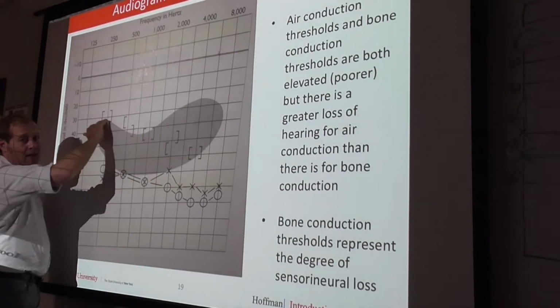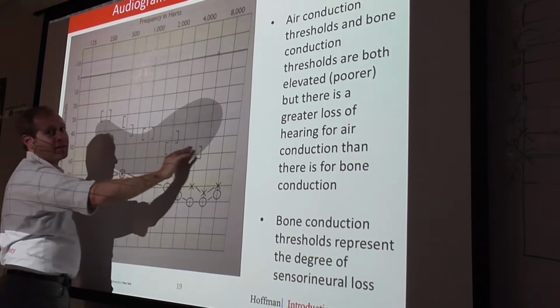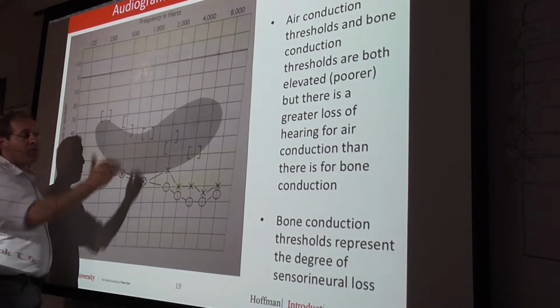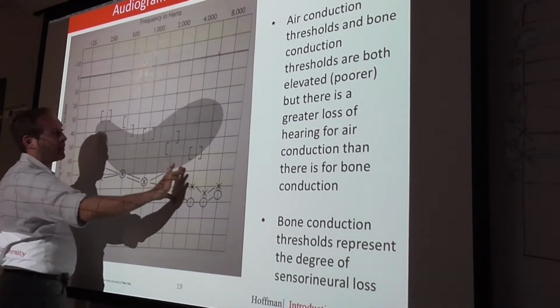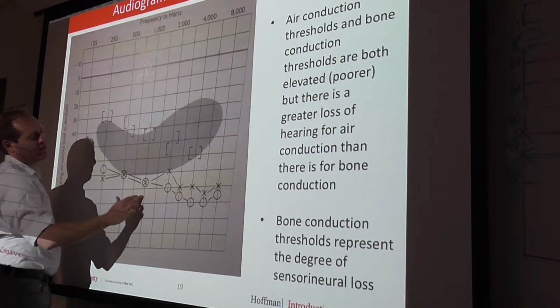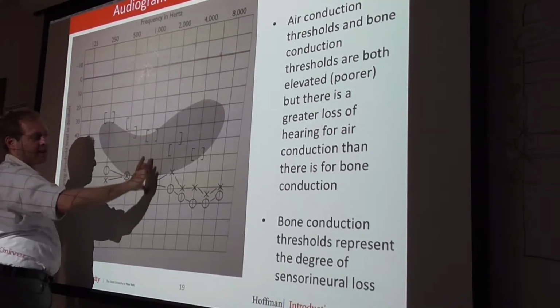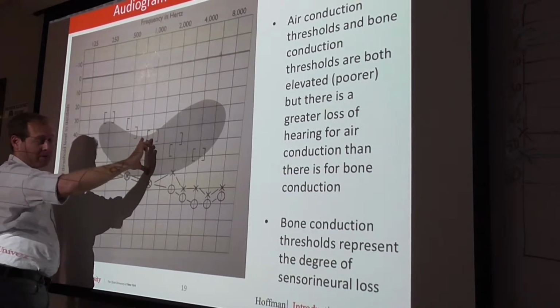That's this. Okay, that is permanent. Okay, the sensory neural loss is represented by the bone conduction line here. The portion that is conductive is represented by the air bone gap. So at 1,000 hertz, we have about 10, 20, 30 decibel conductive loss that is hopefully temporary.